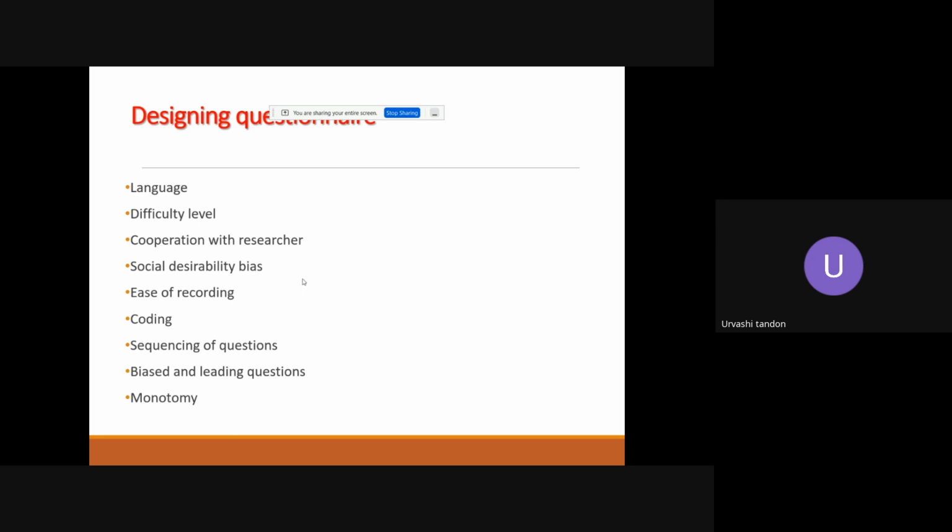For covering the social desirability bias, we generally assure the respondents that the data we'll be collecting from your side will not be shared with anybody, and the whole purpose would be academic, that the data will be used for academic purposes only. Then only we assure them, fine, now you respond as honestly as possible.